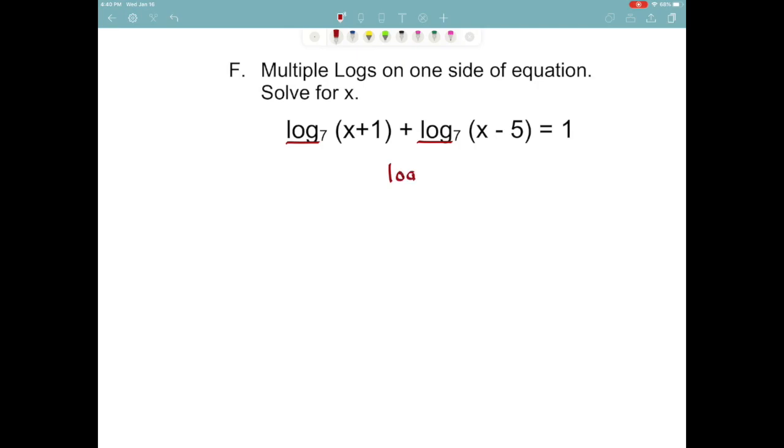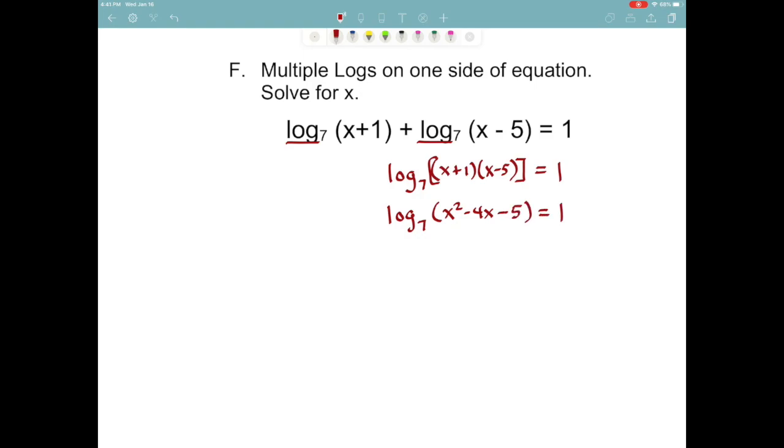This will become log base 7, and we want to multiply our x plus 1 times our x minus 5. When we do that, that's going to be log base 7 of x squared minus 4x minus 5.